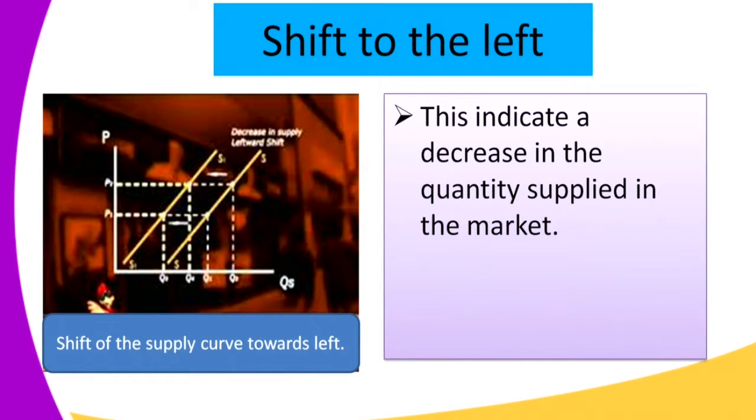And just like the shift in demand curve, a shift towards left implies decrease in the quantity supplied. Now, you can see the supply curve is shifting from S to S1. So this one is supposed to illustrate a decrease in the quantity supplied.